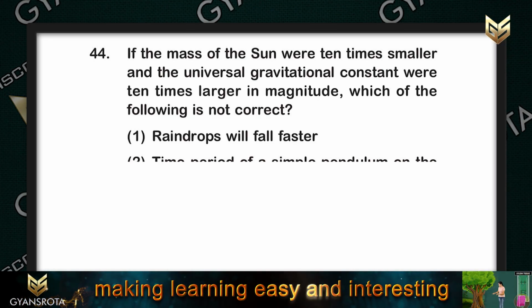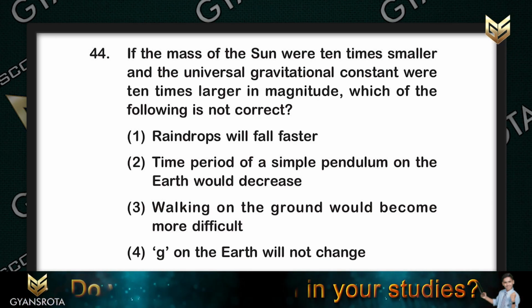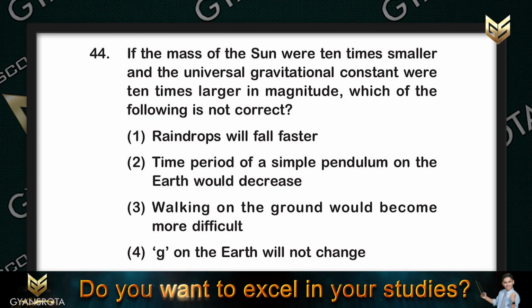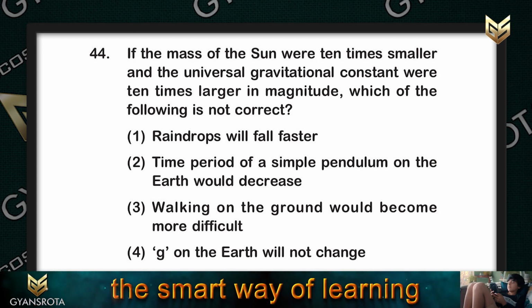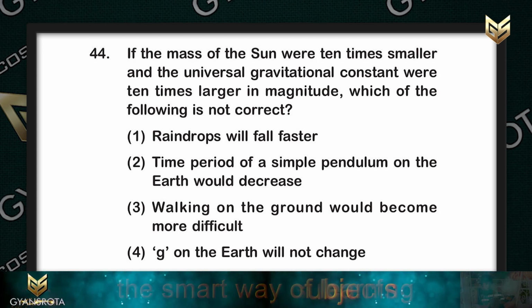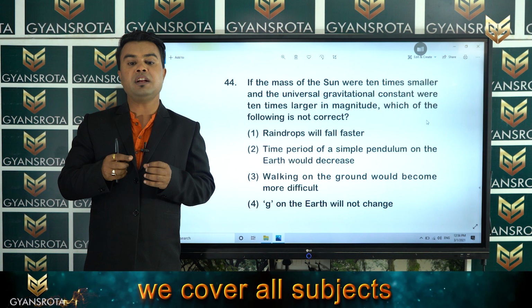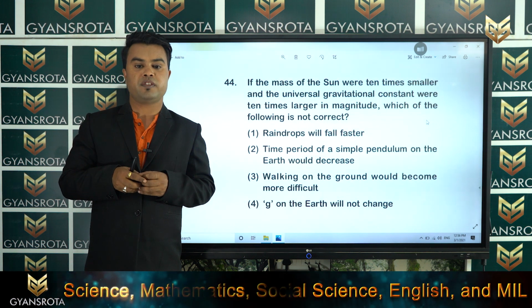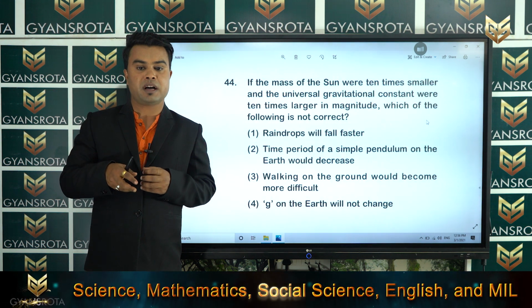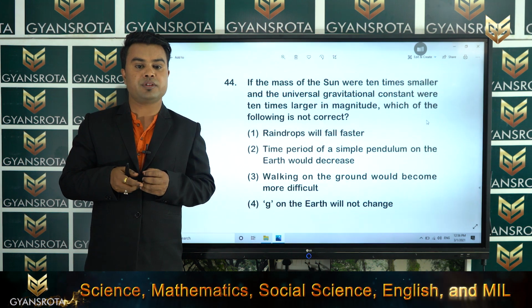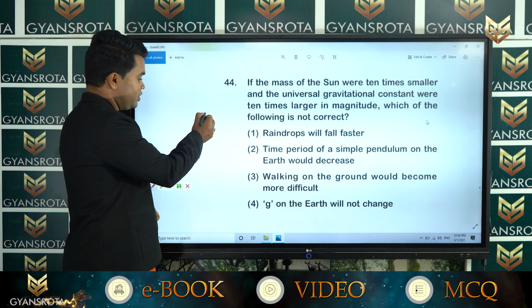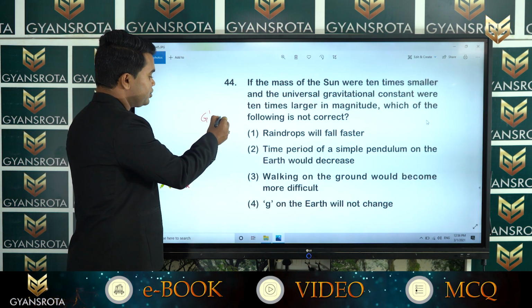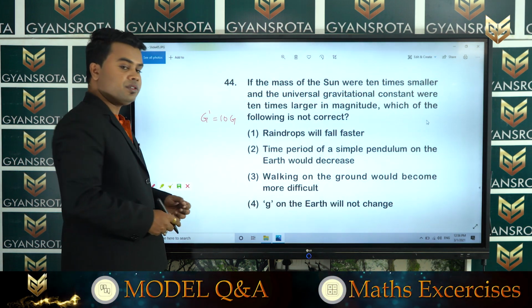If the mass of the sun were 10 times smaller and the universal gravitational constant were 10 times larger in magnitude, which of the following is not correct? Raindrop will fall faster. It will fall faster because the mass has been reduced and acceleration due to gravity were 10 times larger. That means your g will be equal to 10 times of g.